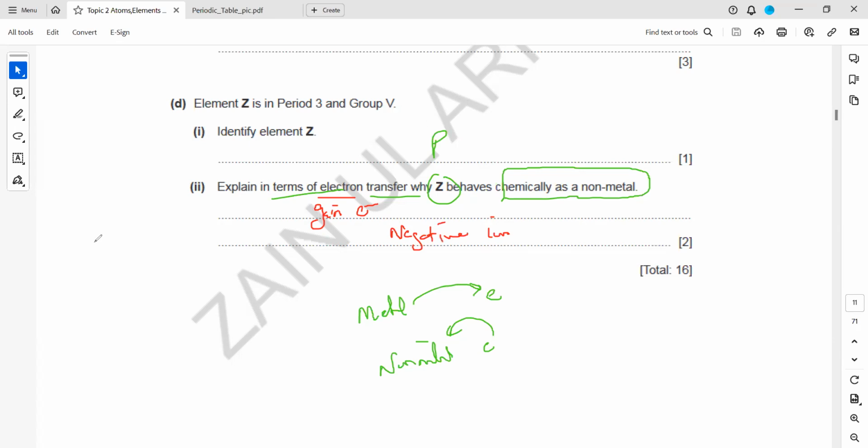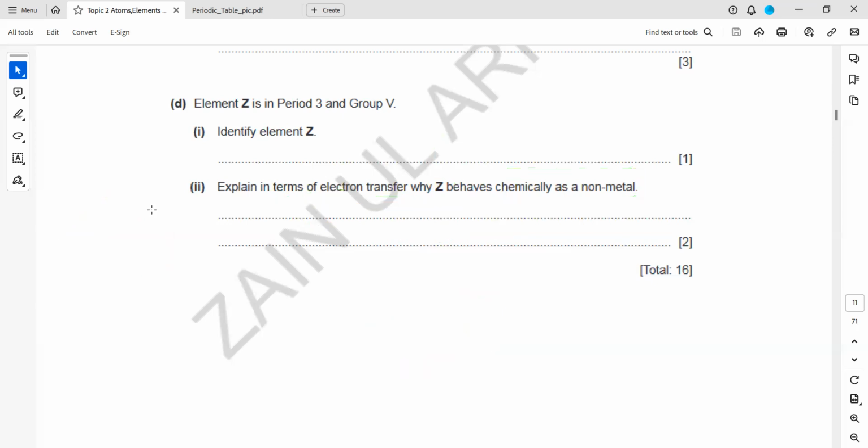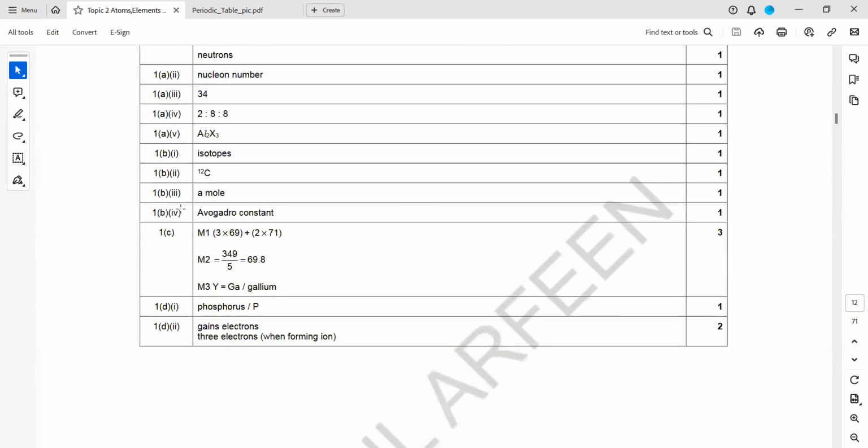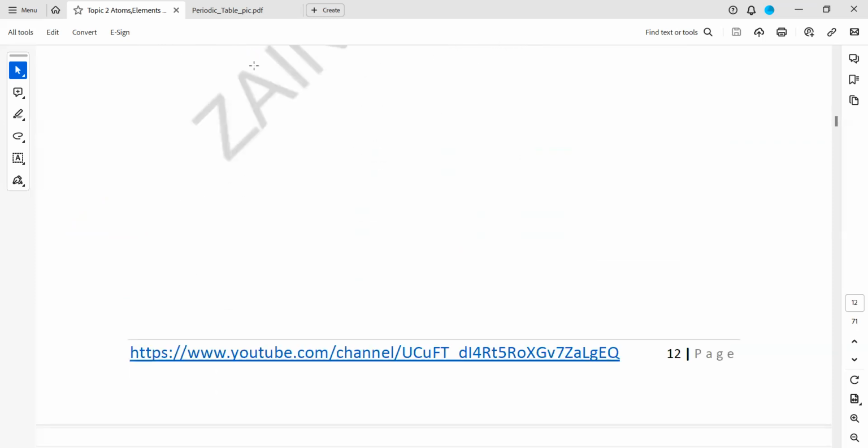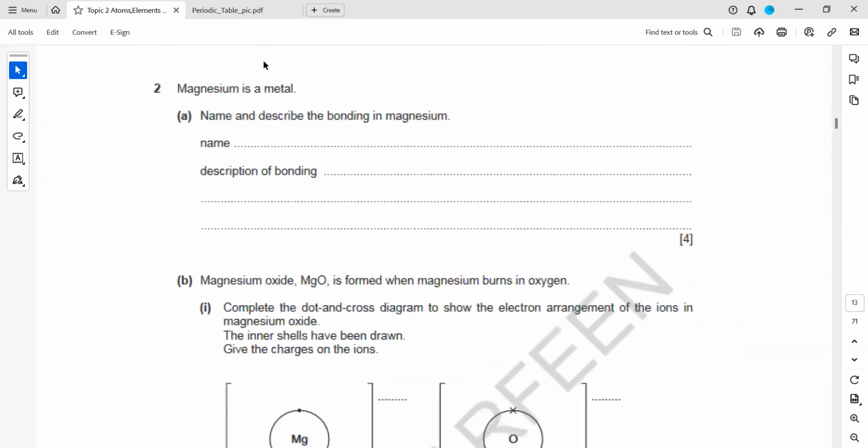Phosphorus, because it belongs to group 5, will form a charge of -3, not -1. So only forming a negative ion, that's enough. Forming an ion, gain 3 electron or gain electron.